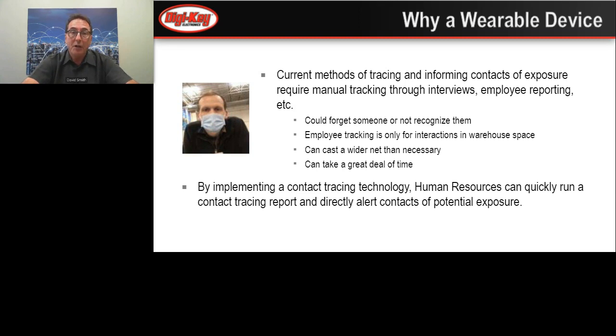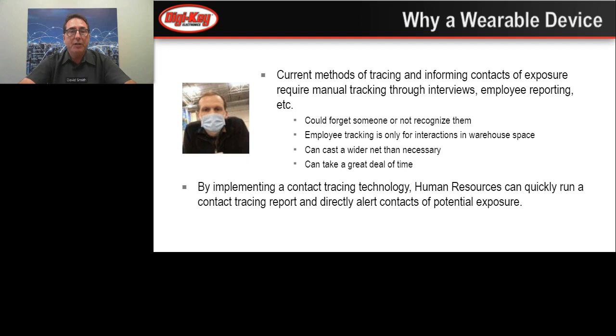And as a result, to play it safe, they would have to cast a wider net, as we call it. They would have to have more people stay home and quarantine than otherwise they would, because they couldn't be certain who'd been around the person tested positive. And all that process took a long time.